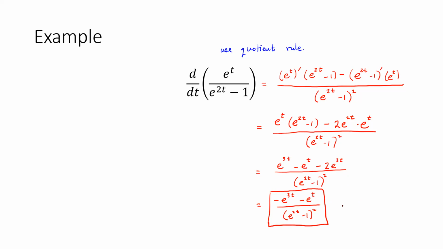If you factored in a negative e to the t from the numerator, you could also write it like this. That doesn't necessarily make it any better, so don't feel like you always have to simplify like that. Just one extra thing you could do if you needed to. Okay, so just a little quotient rule there.